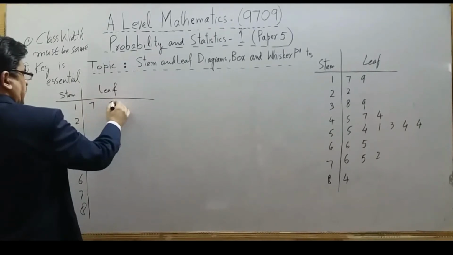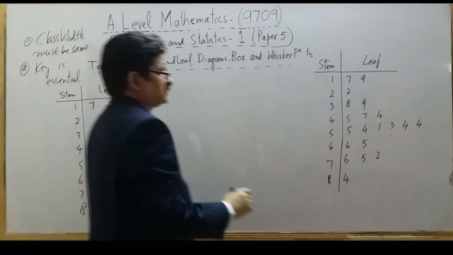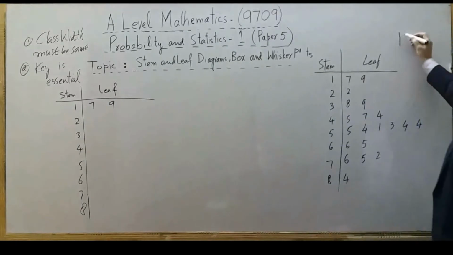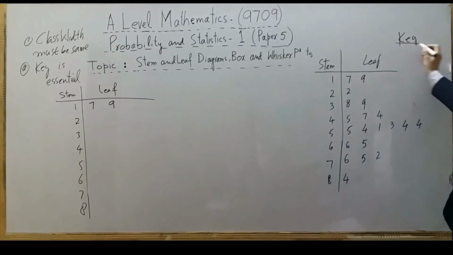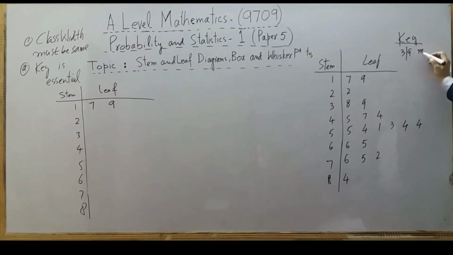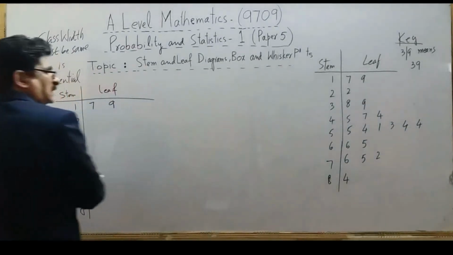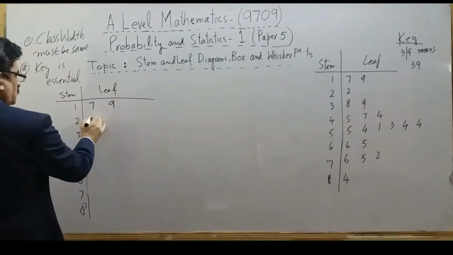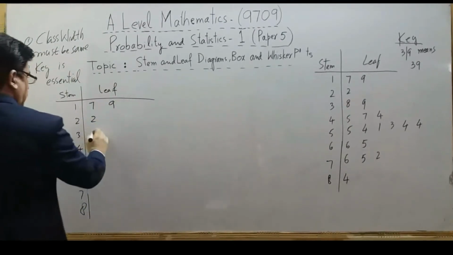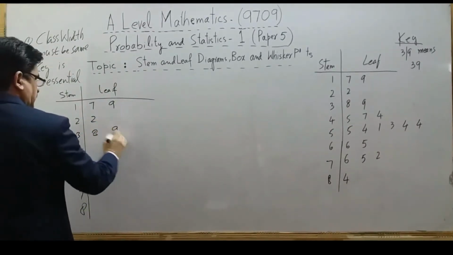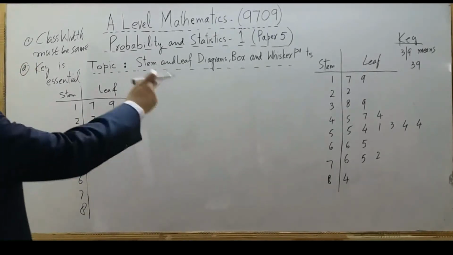This shows 19. Here we should write the key also now. The key is, for example, 39 means the actual data value is 39. So this is 2, 3, 8, 38 is smaller than 39. Then see this row.